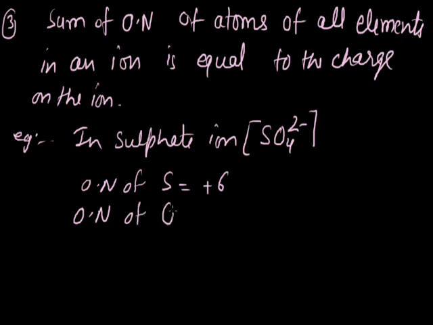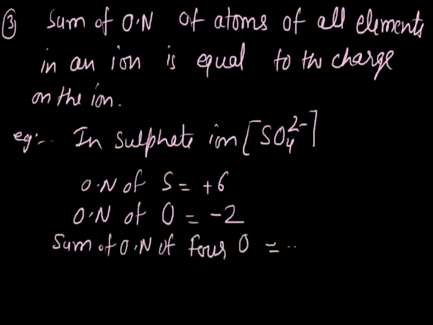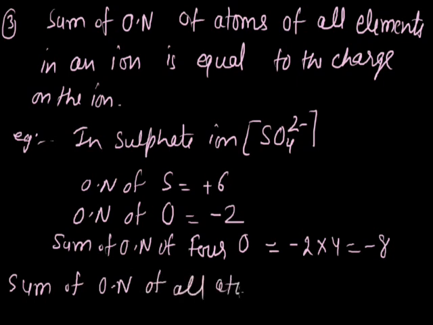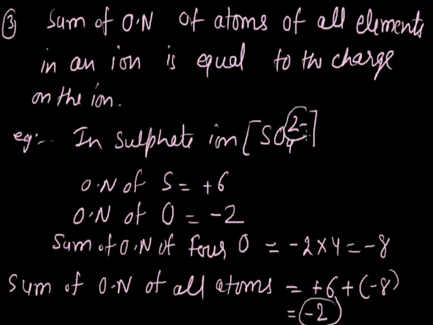The oxidation number of oxygen is equal to -2. The sum of oxidation numbers of 4 oxygen atoms will be -2 into 4, that is -8. So the sum of oxidation numbers of all atoms is +6 for the sulfur atom plus -8 for the 4 oxygen atoms, and it will be -2, and that is the charge present on the sulfate ion.